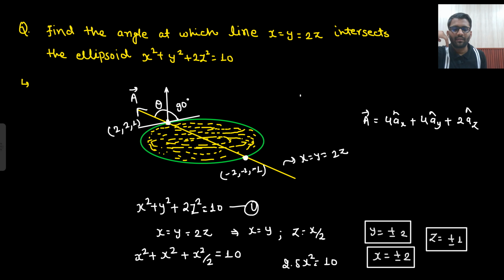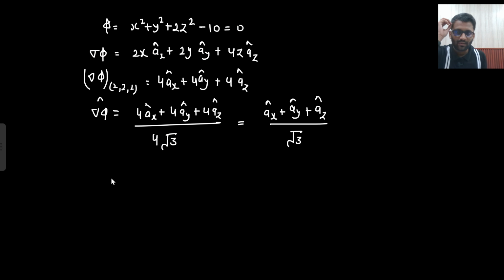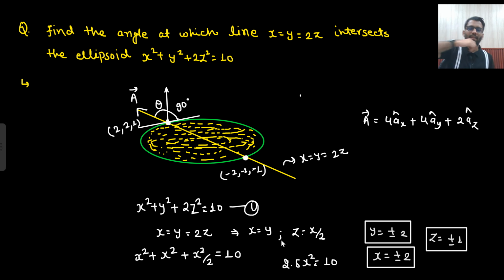Okay. So this is my del phi cap and this is my vector A. I need to find this angle. This is your vector A, this is your del phi cap. So I am going to find the angle. So what will be your cos theta? If you need to find A cap, what would that be?